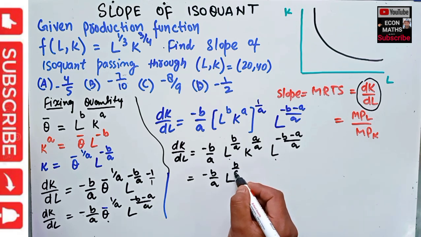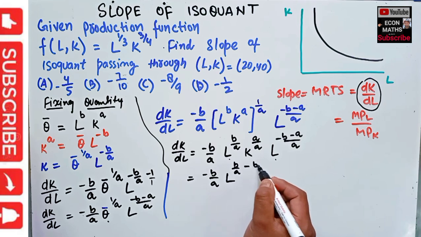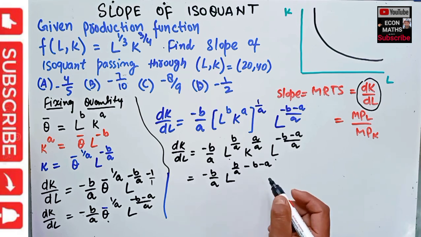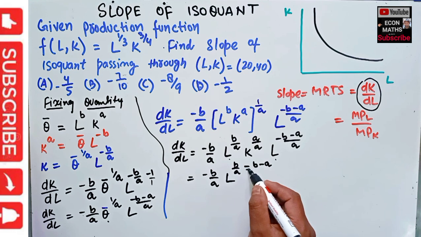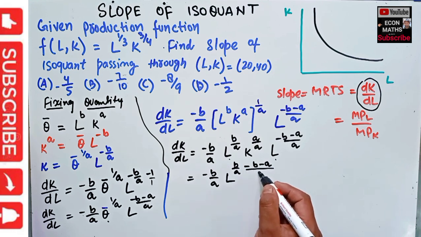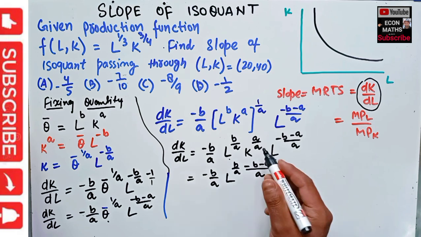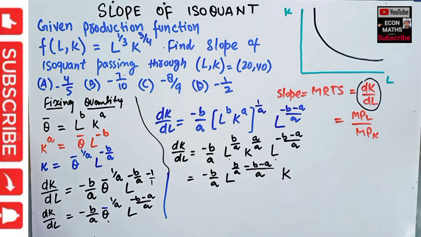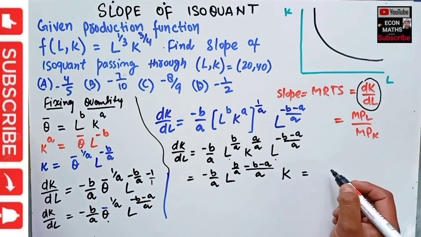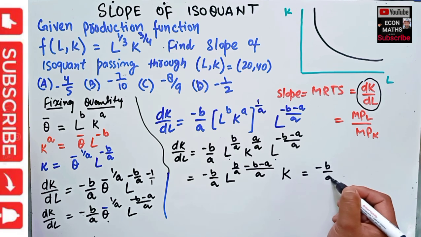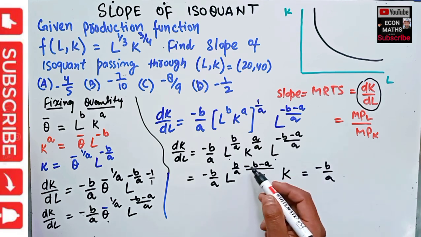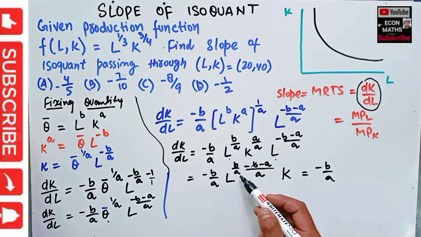We have b upon a minus b minus a, divided by a, and we have K, a and a get cancelled, K to the power 1. Solving it further, we will get minus b upon a. Here minus a, sorry, b minus b gets cancelled.